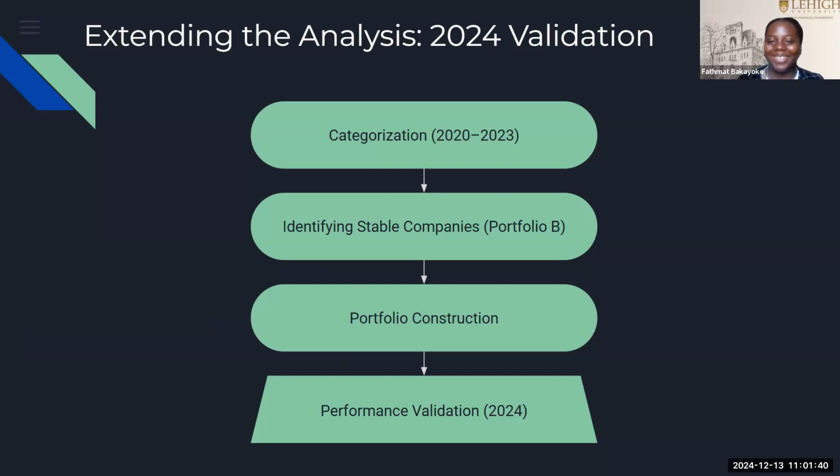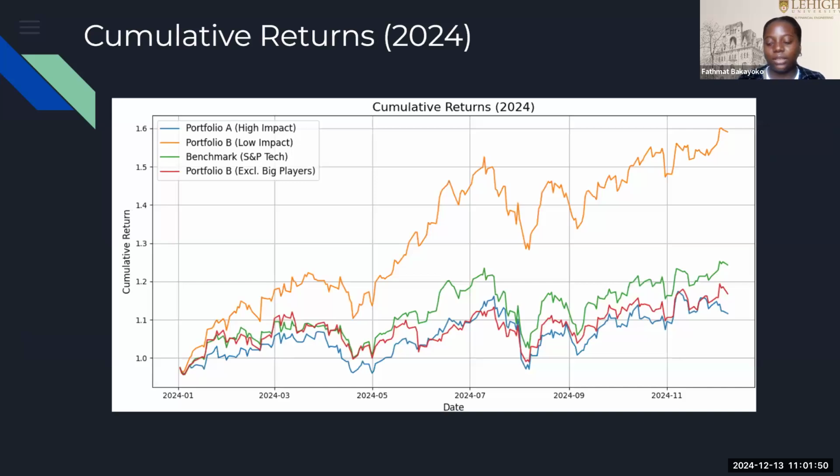What is your guess on how the portfolio that we created with those more stable companies did in 2024? As you can see, portfolio B still outperformed the different portfolios as well as the benchmark.